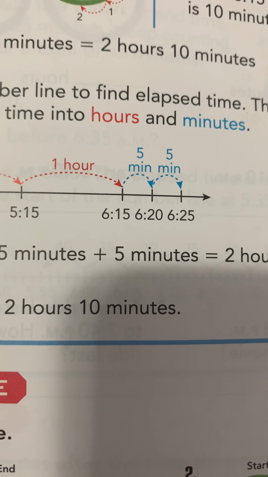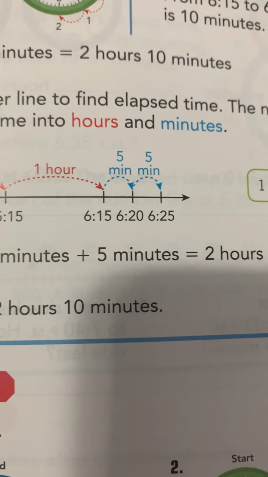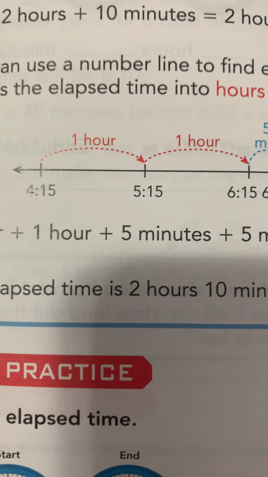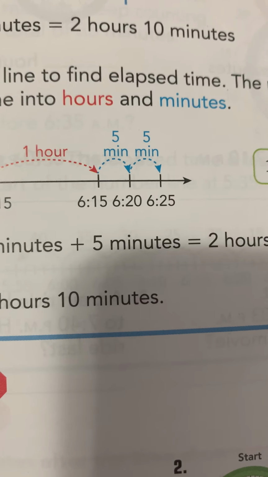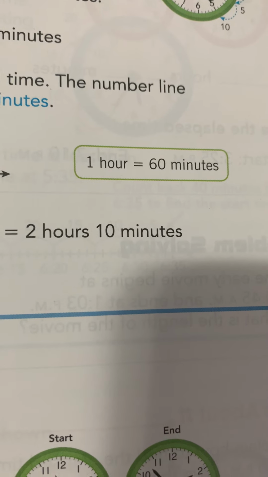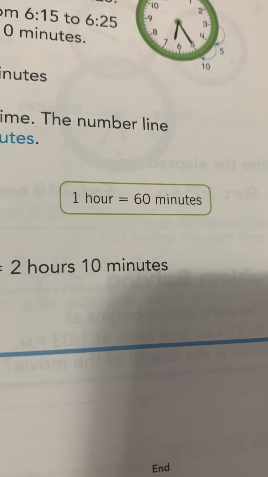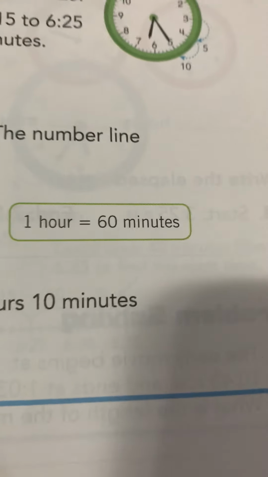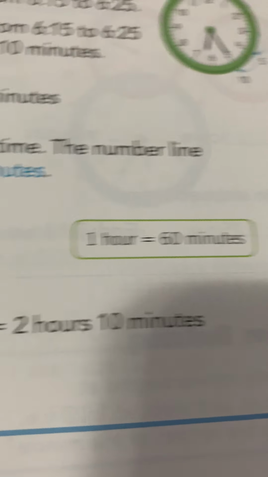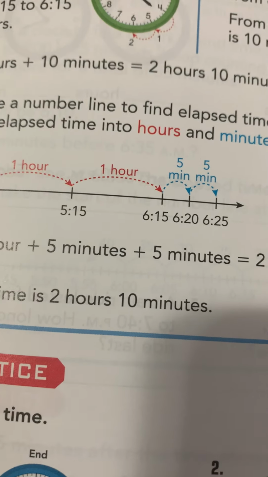So we're counting by fives, and that would equal 10 minutes. So we have 1 hour plus 1 hour plus 5 minutes plus 5 minutes, which equals 2 hours and 10 minutes. And 1 hour equals how many minutes, boys and girls? 60 minutes. So again, the elapsed time is 2 hours and 10 minutes.